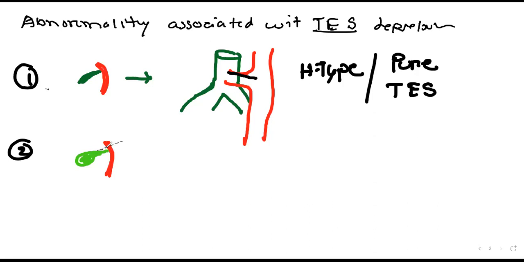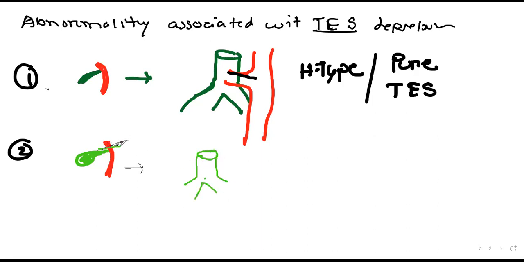Before this position, what if our tracheoesophageal septum develops in this line? So we can see this leads to a structure like this. This green portion will ultimately be converted into a trachea. So here we draw our trachea.